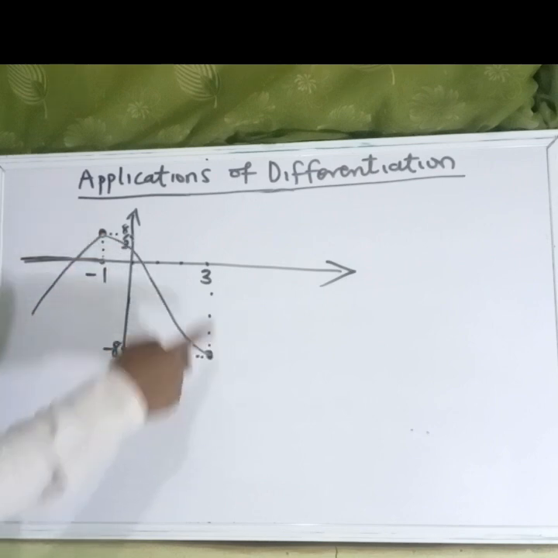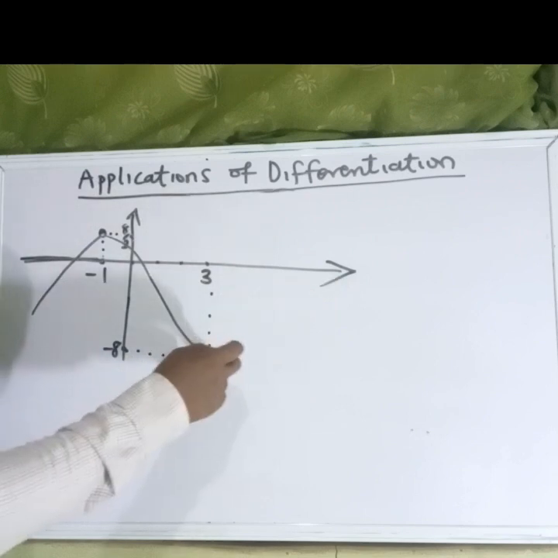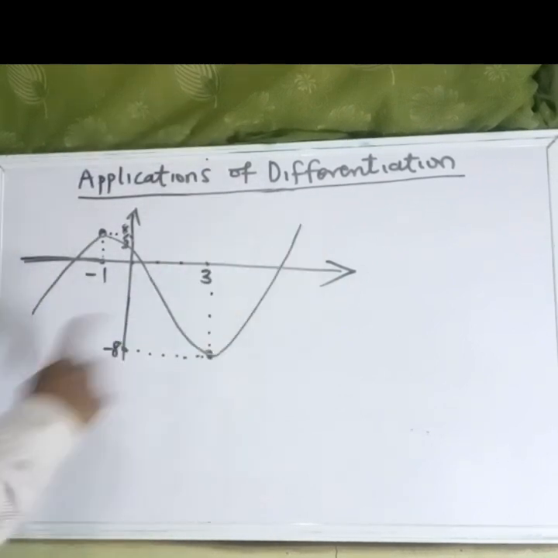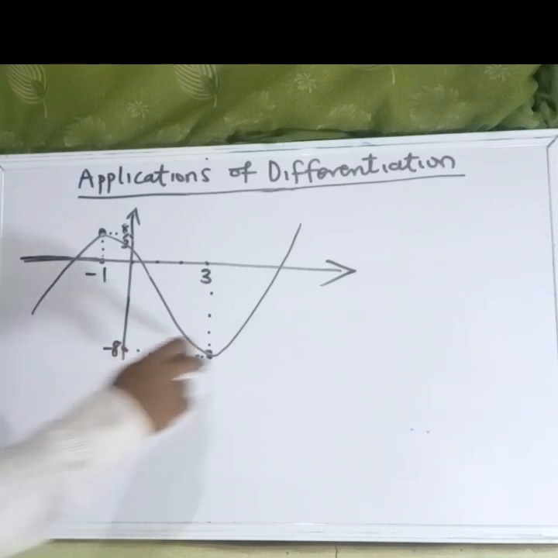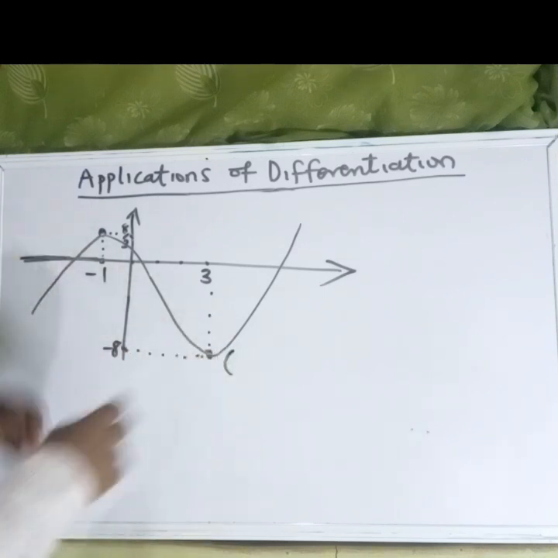And from 3 to infinity, again, we said the line is increasing. So this is the shape of the function f of x equal to 1 over 3 x cubed minus x squared minus 3x plus 1. Though this may not look exact, this is how the shape of that graph looks.